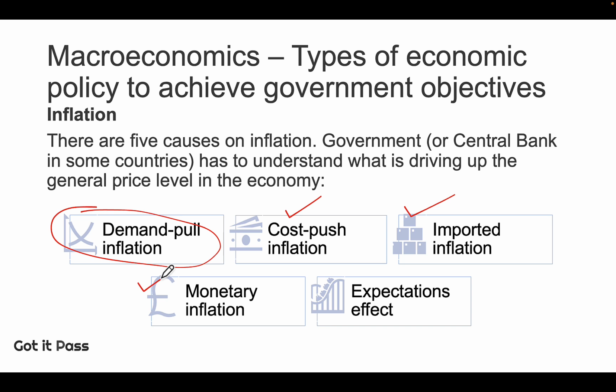And next, we have the monetary inflation. Increasing the money supply, that will increase the purchasing power of the economy. It boosts the demand for goods and services. But if this expansion occurs faster than the expansion in the supply of goods and services, inflation can arise.